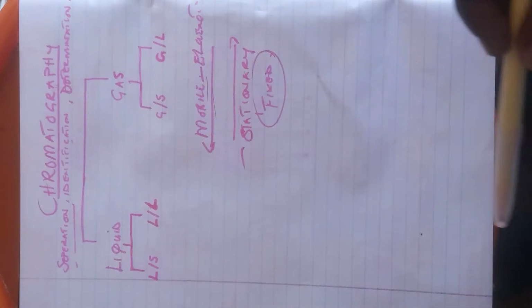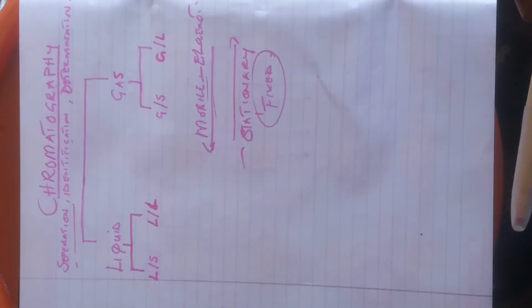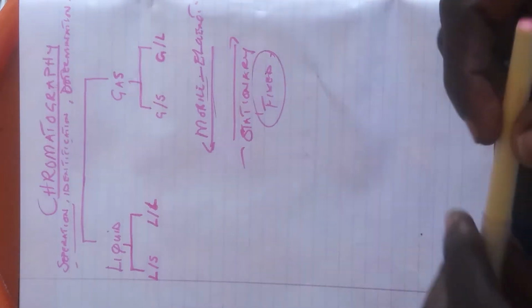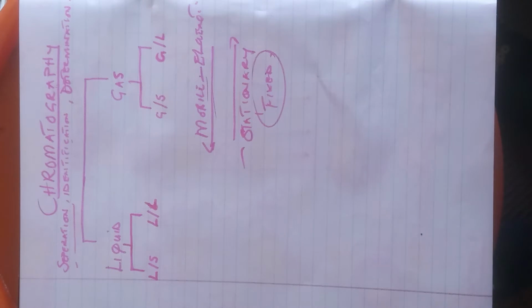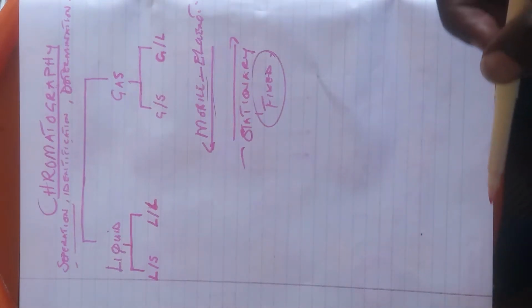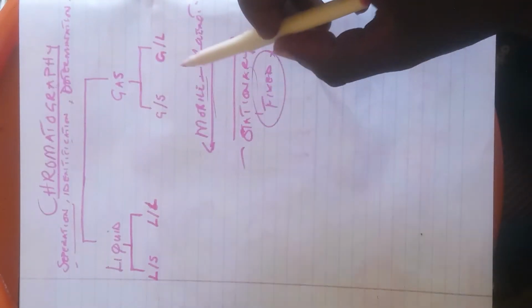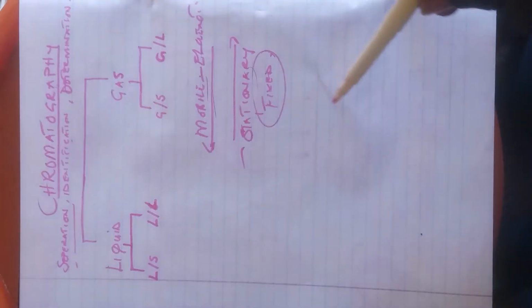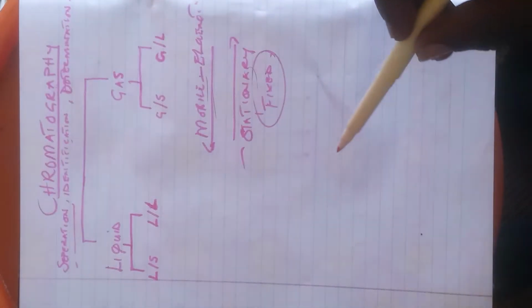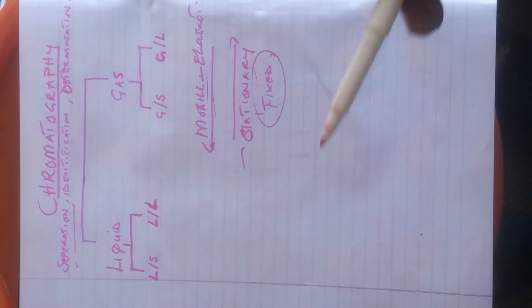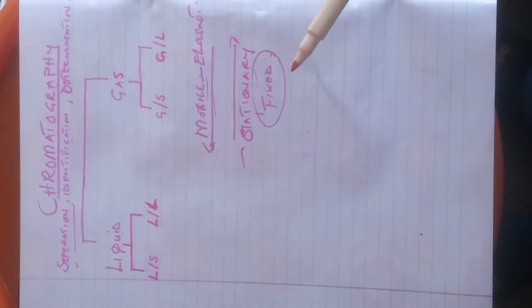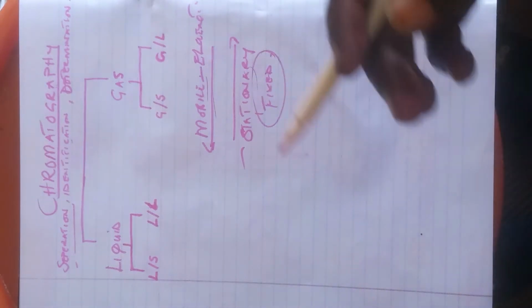Even before looking at types of chromatography, one thing we should know is that in any chromatographic setup, there are two things involved: the stationary phase and the mobile phase. The stationary phase is a fixed phase in the setup through which the mobile phase, carrying the chemical components we want to analyze or separate, washes.